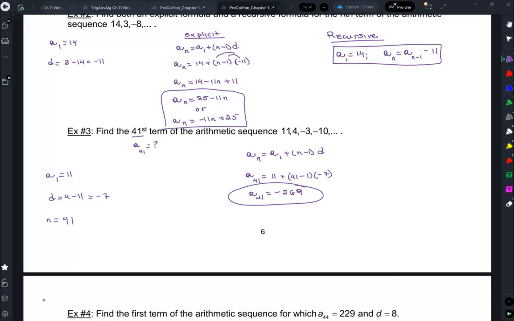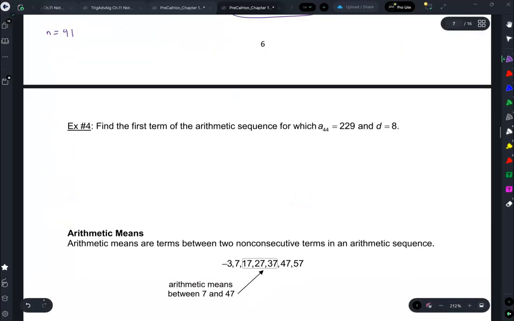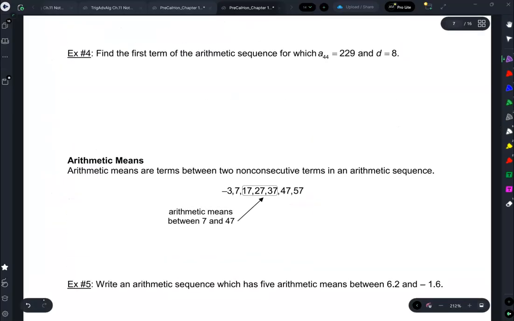It is so straightforward, right? It's almost like insulting your intelligence at this point. Okay? All right, so here we go. How about, can you find the first term if the 44th term is 229? Well, let's see. So we want to find A1. So, again, our favorite formula.